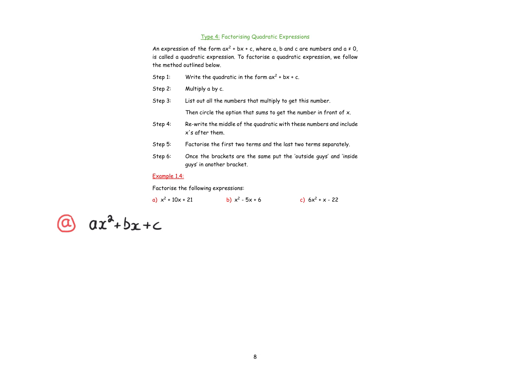When factorising a quadratic expression, the first thing I do is write the quadratic in the form ax squared plus bx plus c. It's usually a good idea to write down ax squared plus bx plus c to make sure that the quadratic is also in that form. In the quadratic that I have in example 1.4a, I have x squared plus 10x plus 21.